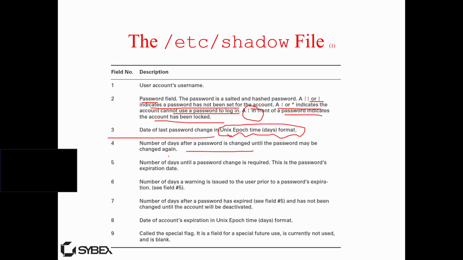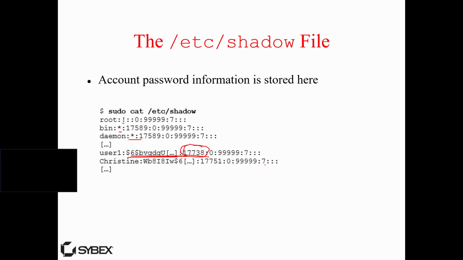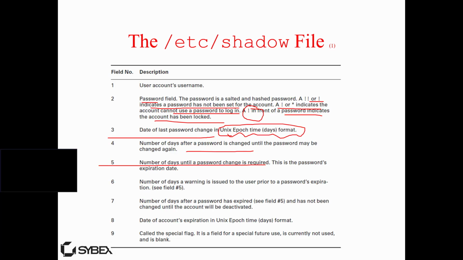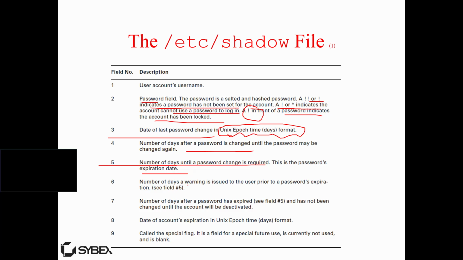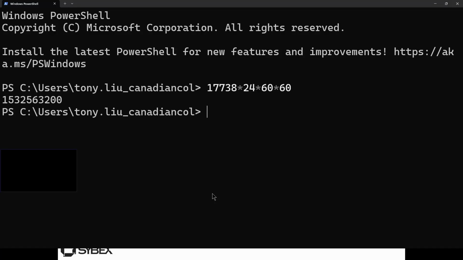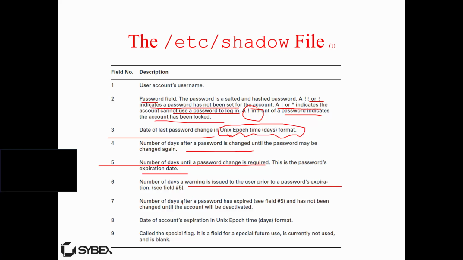And then this is the password expiration date. It's also epoch. Anything about dates is epoch because they cannot put a date; they could only understand numbers. So we have the password expiration date, number 5. And number 6 is the warning period, the password expiration warning days. And the next one is the inactive days.